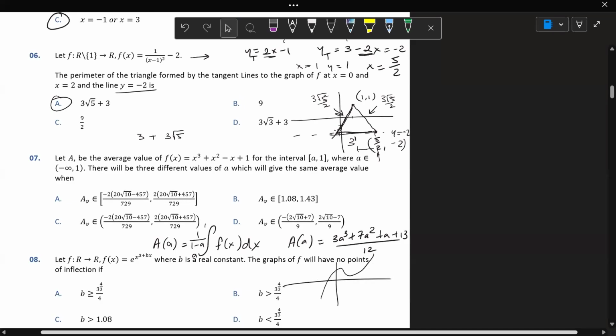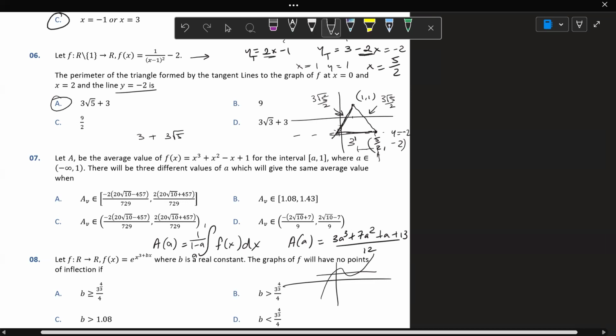And now what you're looking for is the value of a which will give the same average value. Wait, no, three different values of a. Okay. So you're looking for three different values of a which will give the same average value.